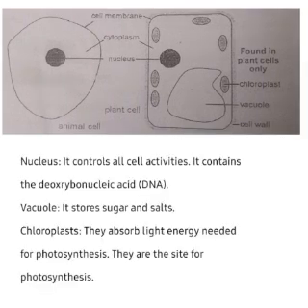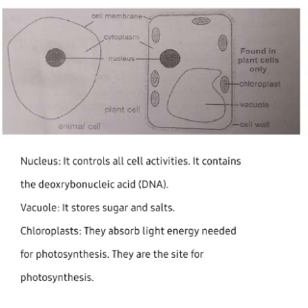So we look at the other structures of the cell, starting with the nucleus. So for the nucleus, it controls all cell activities. By cell activities, it's the same as cell processes, which include respiration, protein synthesis, and cell division. So it controls when these same processes are going to happen.